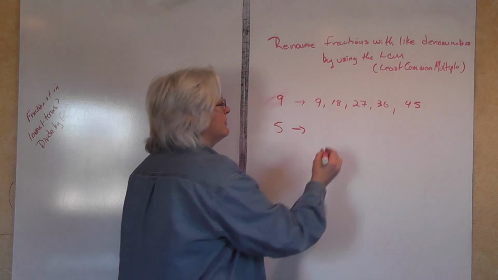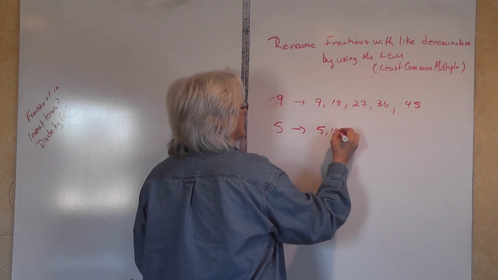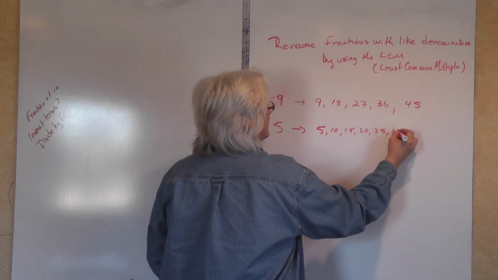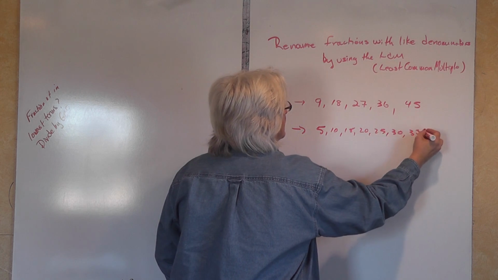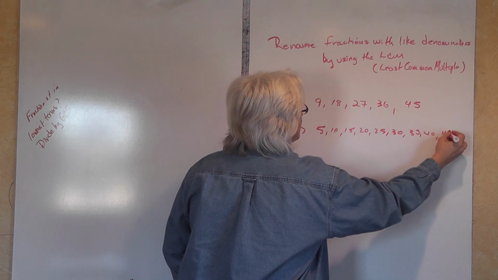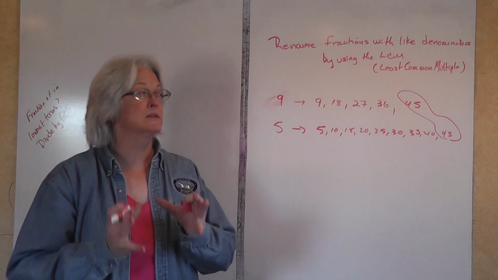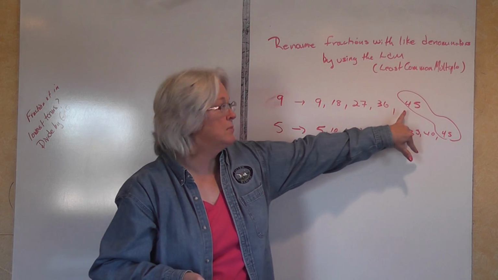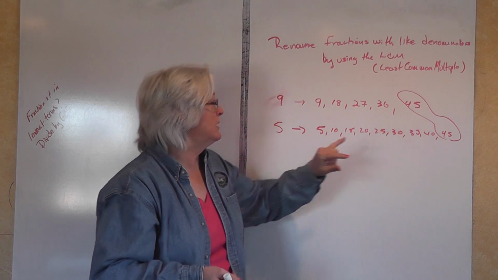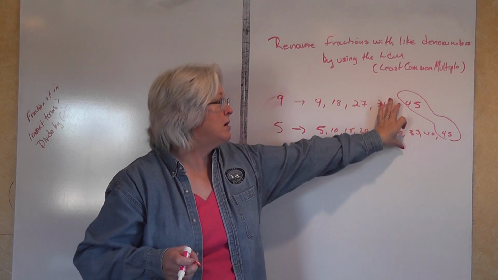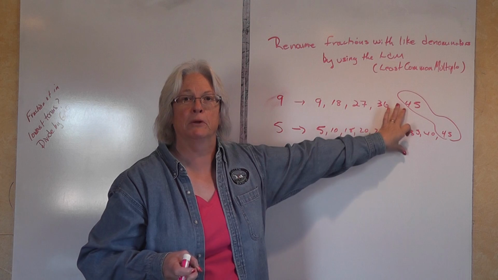Multiples of 5, we're just counting by 5s: 5, 10, 15, 20, 25, 30, 35, 40, 45. When the same multiple shows up in both lists, that's what they call the least common multiple. It's the smallest multiple that they have in common.